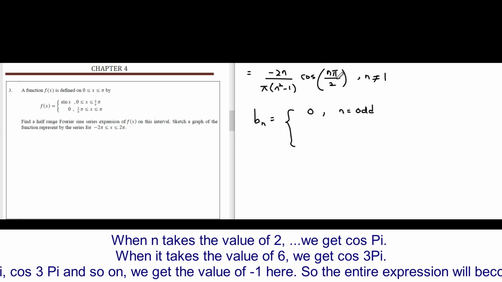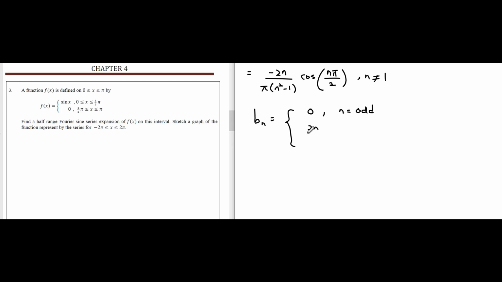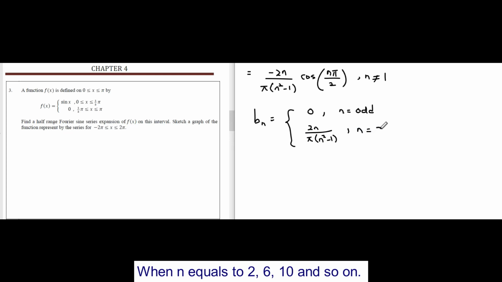When it takes the value of 6, we get cos 3 pi. So cos pi, cos 3 pi and so on, we get the value of negative 1 here. So the entire expression will become positive when n equals to 2, 6, 10 and so on.